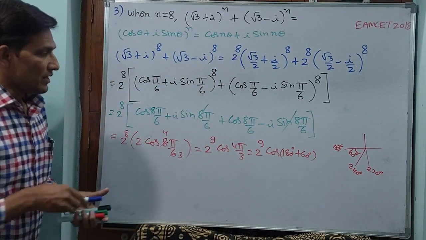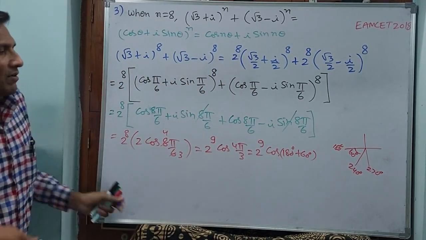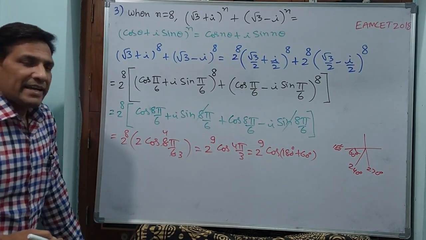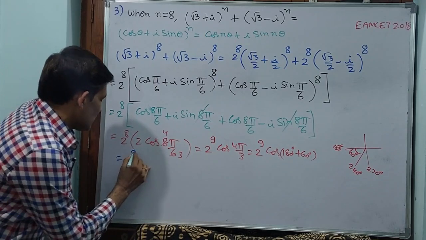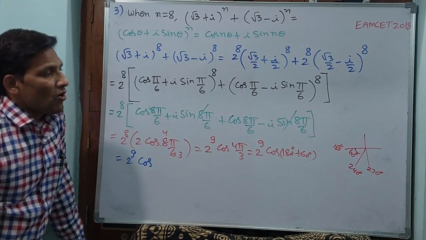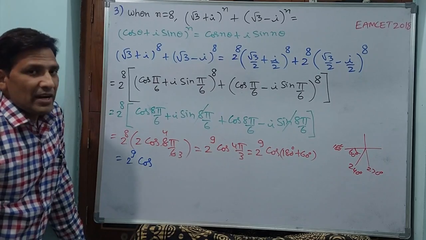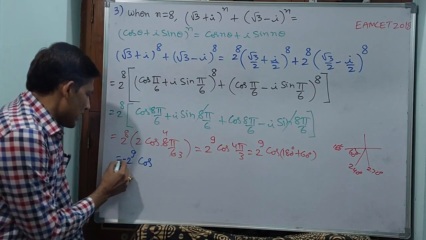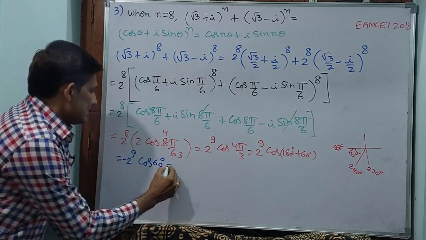Okay, that is 240. Now you tell me, cos 180 plus 60 means what will come? See, horizontal angle, cos only will come, 2 power 9 cos only, because it is in the third quadrant where tan and cot are positive. Cos is going to become negative. That means minus 2 power 9 cos 60 degrees.